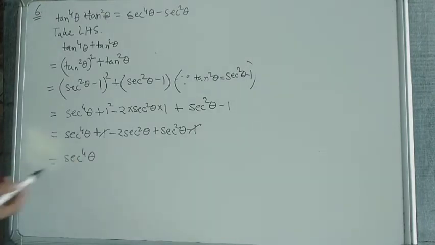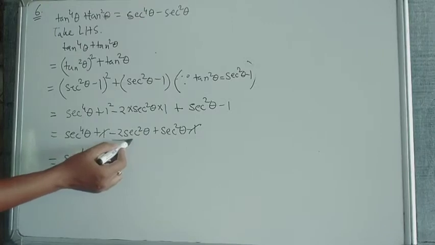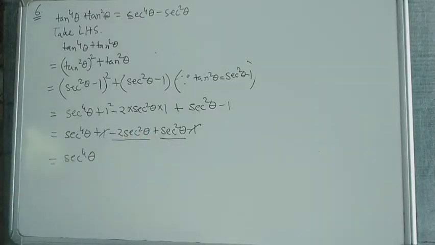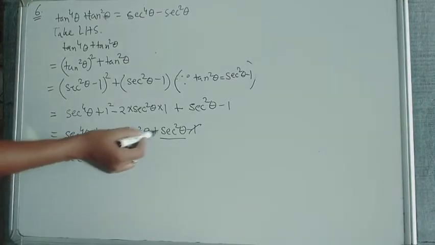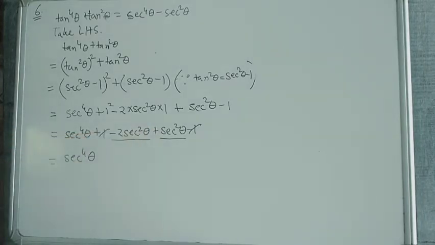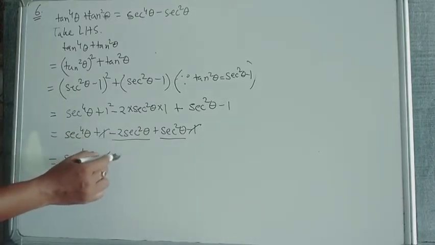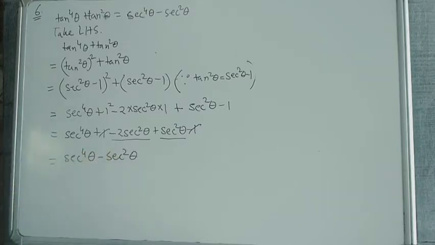Then you see here, minus 2 sec square theta and sec square theta plus 1. So it will become 2 minus 1, 1. So minus 1 sec square theta, or just sec square theta. So this is your answer.